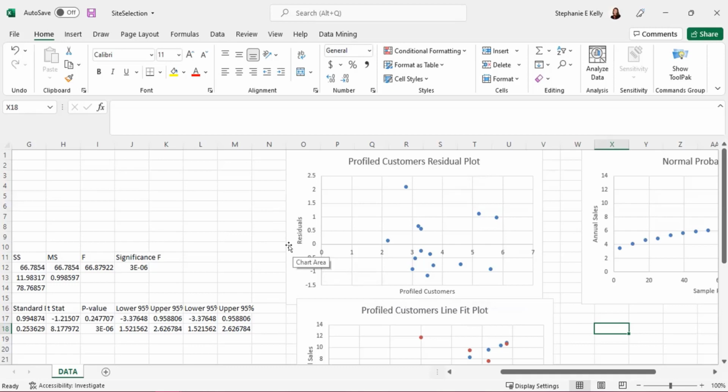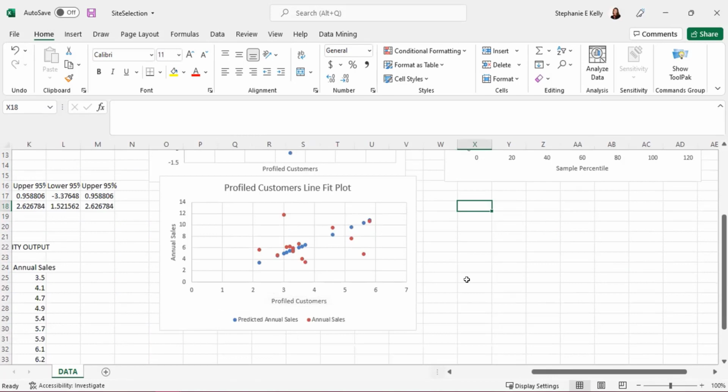So when we talked about normality of error, we were talking about normality of residuals. When we talked about independence of error, we talked about independence of residuals. If we meet the assumption of normality of error, then we should see that our data are split fairly equally around 0. And here, that's what we see. So we're not worried that we violated the assumption of normality of the error.